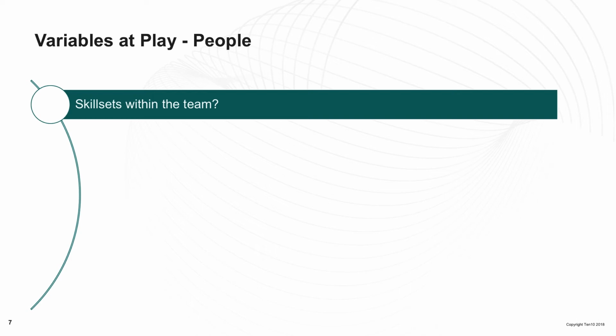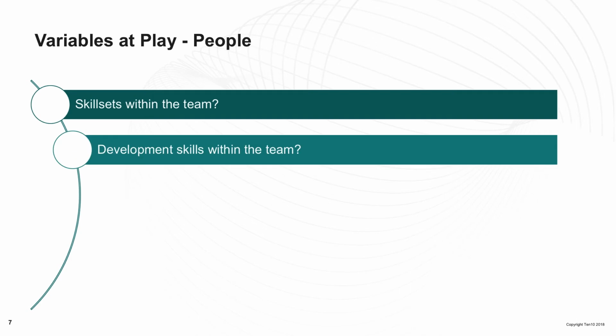Also, the development skills within the team. There are some automation apps that don't rely too much on development, but many do, and sooner or later you're going to need to start writing code in order to make this effective and scalable.